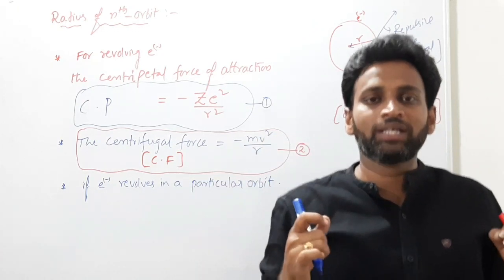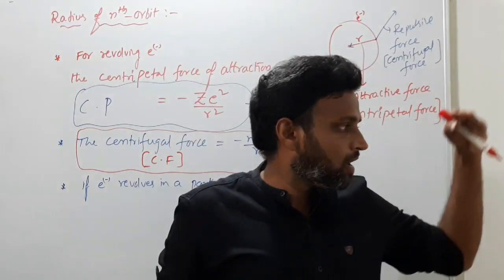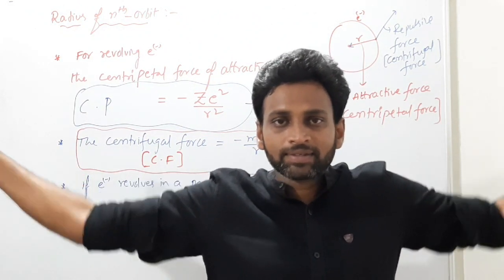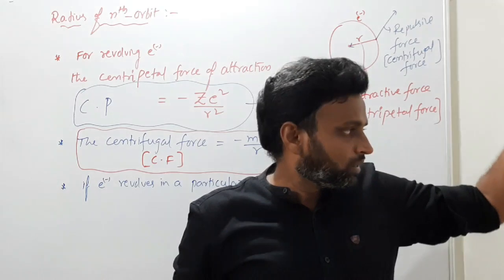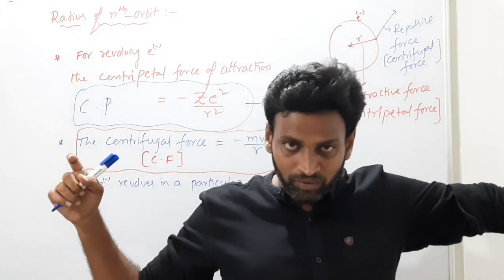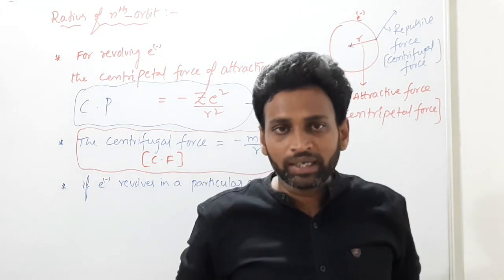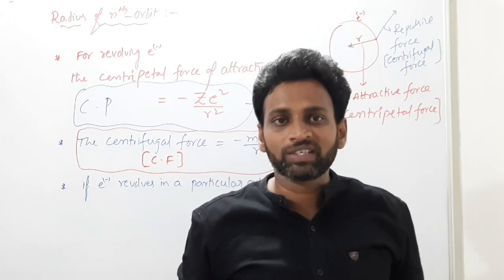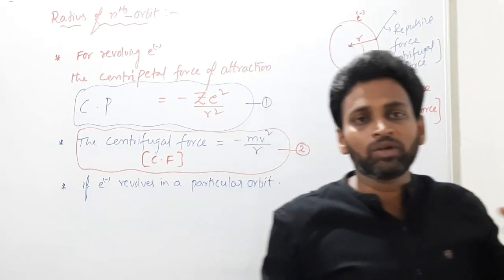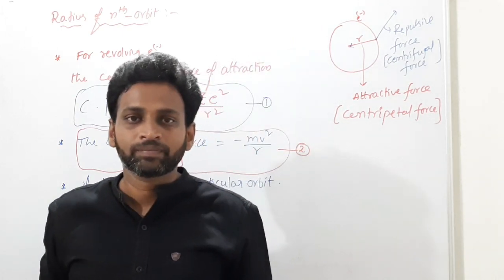To know the radius, I have to assume that the electron is present in a particular orbit. Suppose I have one repulsive force and one attractive force from the left and right side like this. Now, if my position has to be fixed, these repulsive forces must be equal to these attractive forces. Then only my position will be fixed, otherwise my orbit number will change. Suppose repulsive force is more, I will go this side. Attractive forces are more, I will go this side.